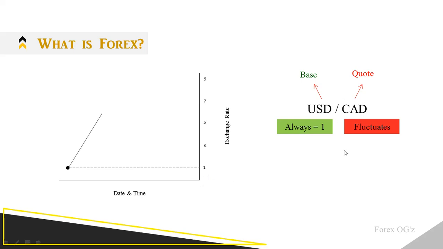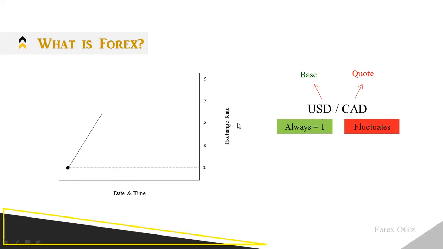The moment you see price trade higher in this manner, that means that the exchange rate has gone higher, and our quote currency, because our base currency is always 1, our quote currency is the one that has changed in value. So in this instance, our CAD would now be equal to 5, and that would mean that it takes you 5 Canadian dollars to make up 1 US dollar.